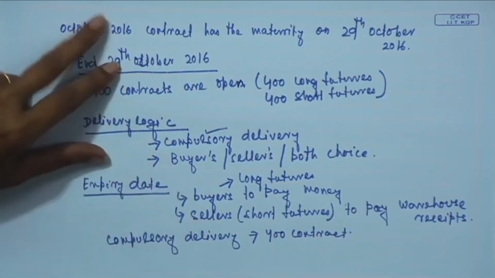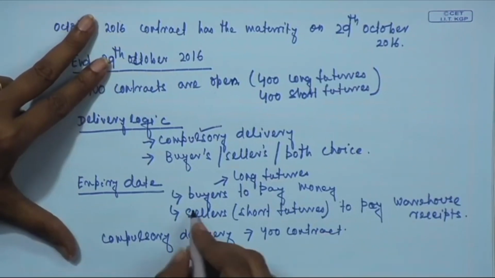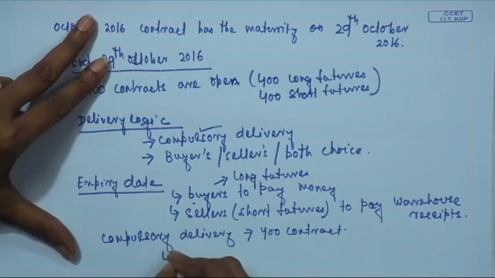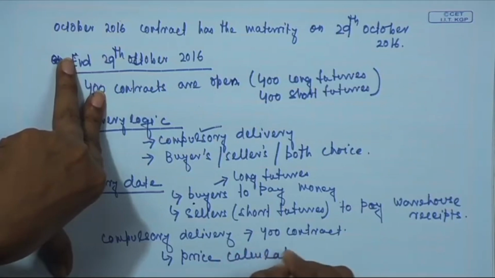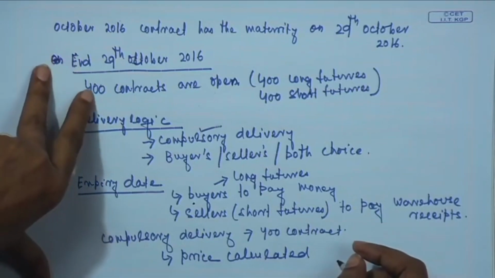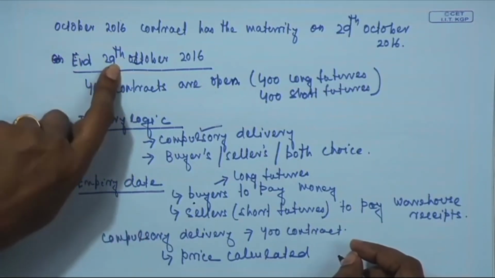Now, what amount of money will be paid by the buyers? The buyers will pay the price calculated by the exchange on the last day of the contract maturity, that is the price prevailing on 29th October.